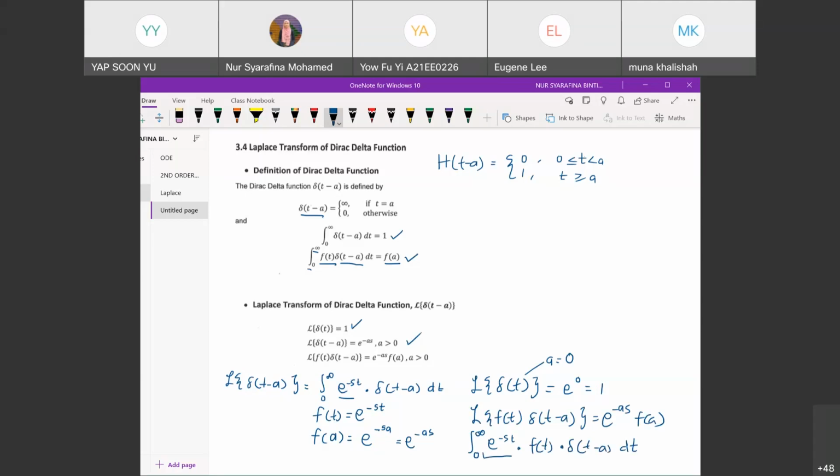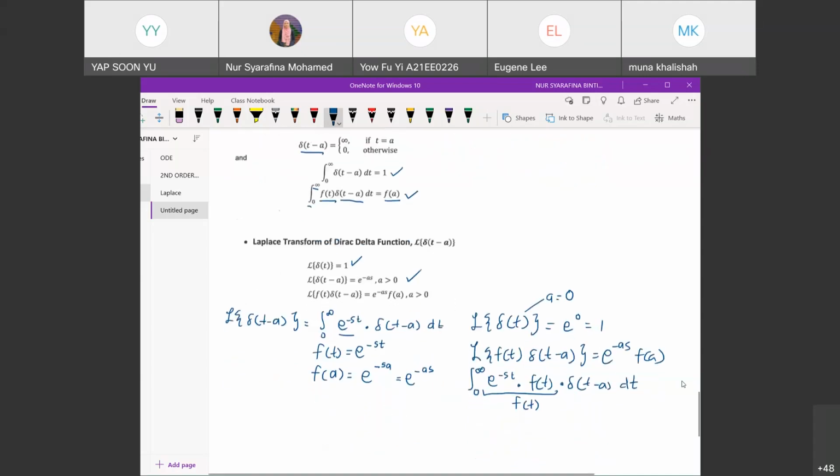So this one is your f(t). Then your f(a) equals, when your f(t) equals e to the power of negative st f(t), then f(a) equals e to the power of negative as f(a). So this is how you prove it.